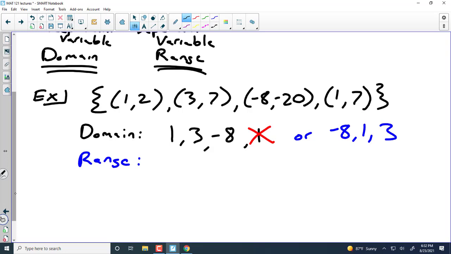Do I repeat 7? You can just shake your heads. No, don't repeat that. 2, 7, -20. These don't need to match up with these. It's just a list. Here, you're just making a list of the domain and a list of the range. All right, cool. So we can give the domain and range.